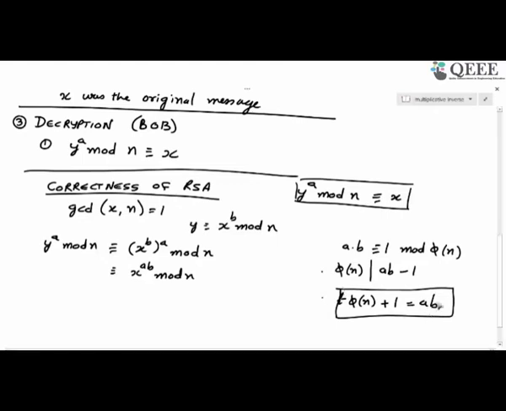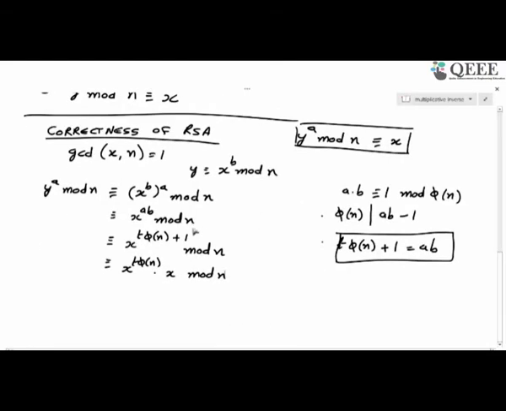So we can now substitute t of phi n plus 1 for AB over here. This is congruent to x to the power of t of phi of n plus 1 mod n, which is nothing but x to the power of t of phi of n, into x, mod n.